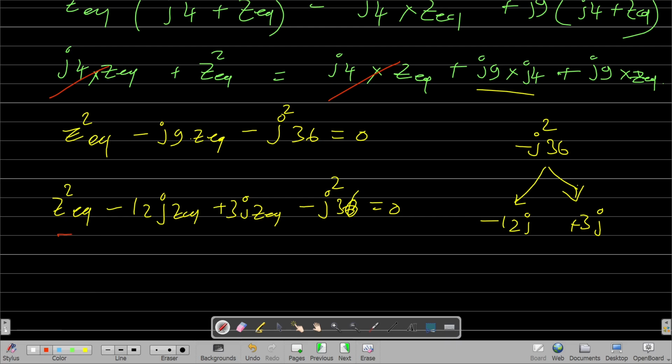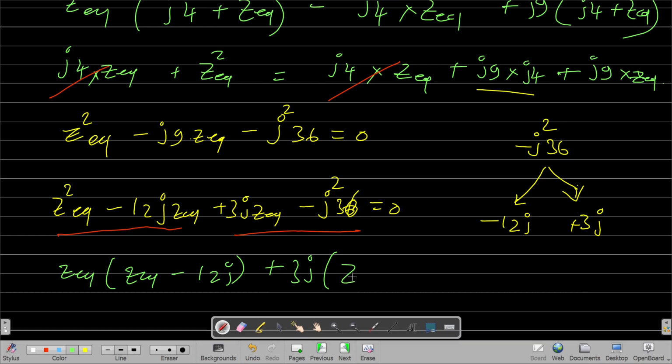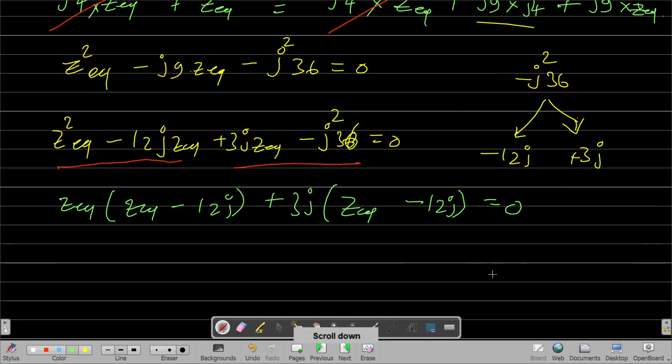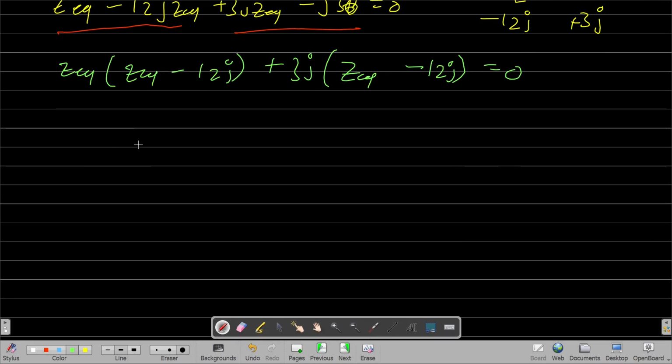So we have to take common from here, so Z equivalent common: Z equivalent minus 12J plus 3J, so Z equivalent minus 12J equals 0. Let's simplify it further.